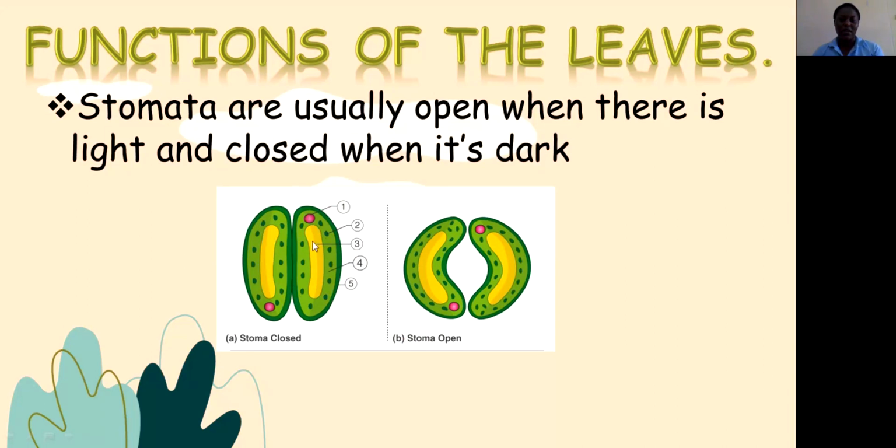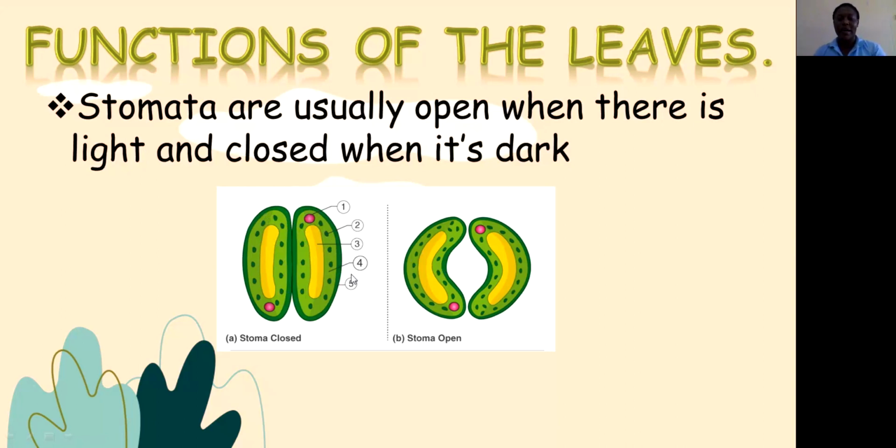It is closed stomata, or closed stoma. We said one is called stoma. And this picture number 2, this is A and this is B. Picture B is an open stoma. So this is night and this is daytime.